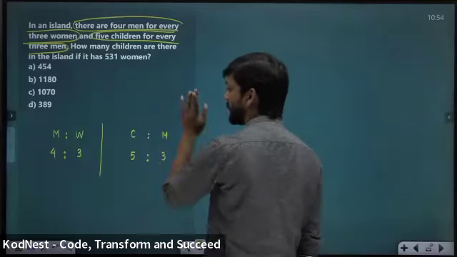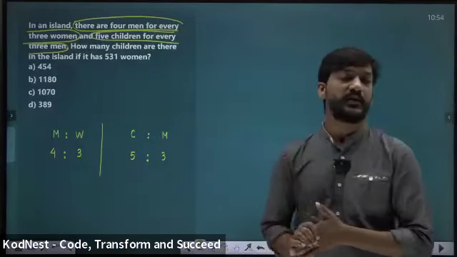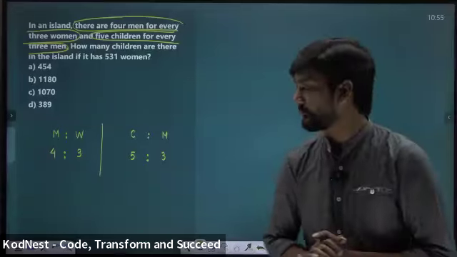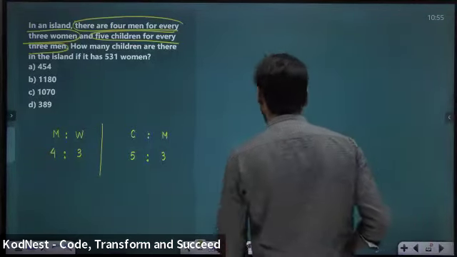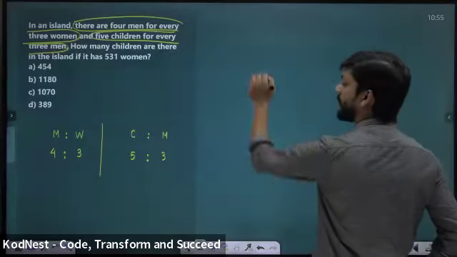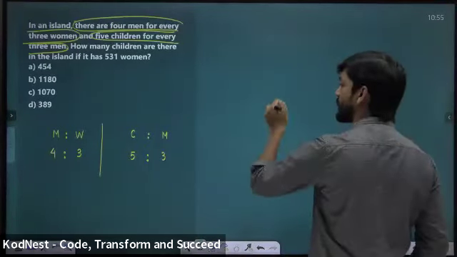So 5:3. Okay. Now carefully answer. If I directly take the values from the ratio, you will tell me if there is a problem. For the first time, we are seeing two ratios.